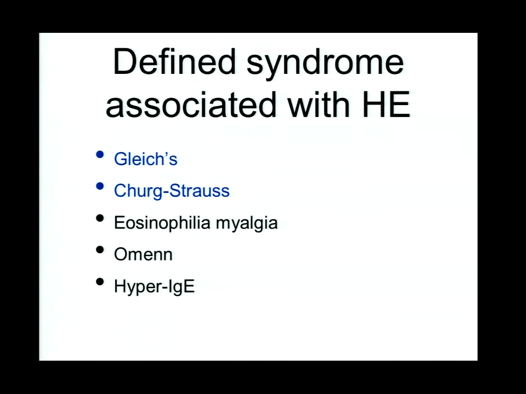Eosinophilic myalgia is the one associated in the 1980s with L-tryptophan contamination. There's also the toxic oil syndrome that was defined in the 80s to 90s due to contaminated rapeseed oil. And once those were found and taken out of the market, eosinophilic myalgia markedly declined.